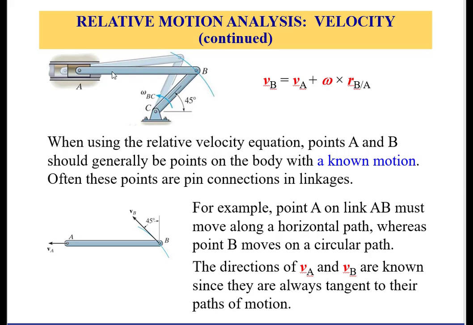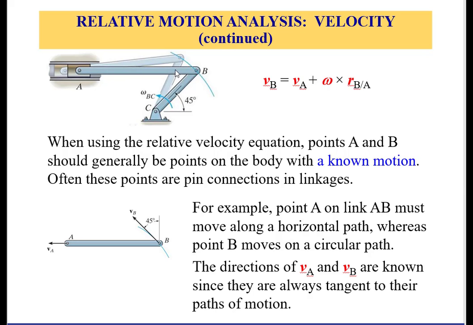Using this link, then I can say that the velocity of point B is equal to the velocity of A plus the rotation component that is caused by the angular velocity of AB cross product of how I am seeing B relative to A, RBA, cross R, the position of B relative to A. Now, this is true, it will give you an equation.